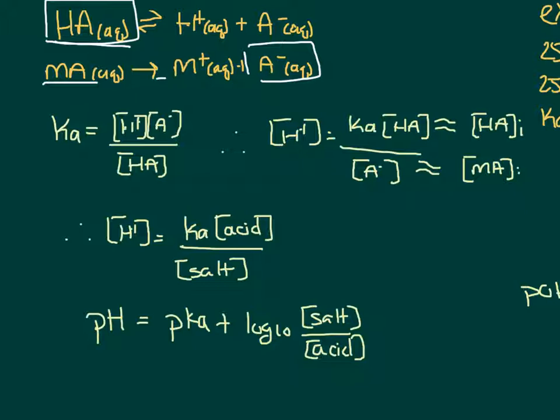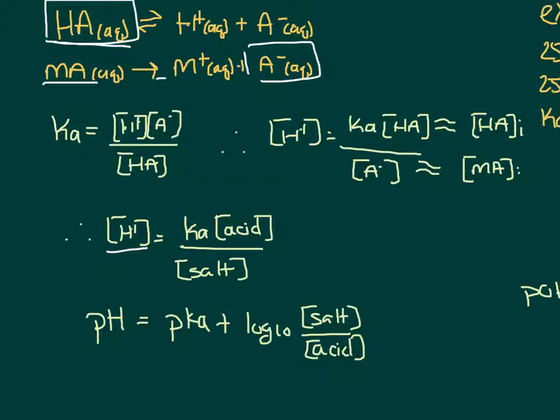On the bottom we have our dissociated acid from our metal. Because we're assuming full dissociation, the concentration of the salt acid we had put in will equal the concentration of the conjugate base in this situation. Therefore, to make it a little bit easier, we say the concentration of hydrogen protons equals your Ka times your acid over your salt.